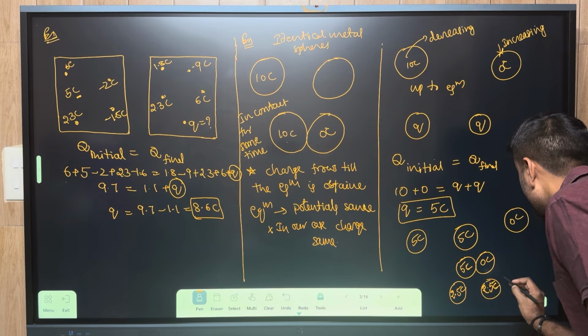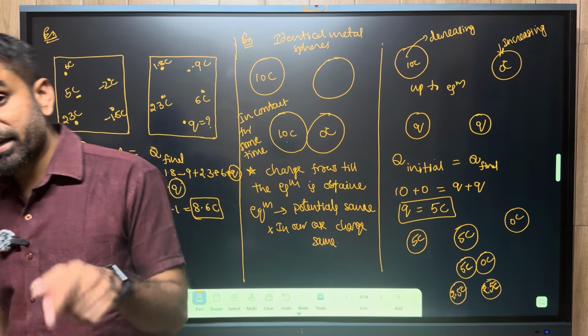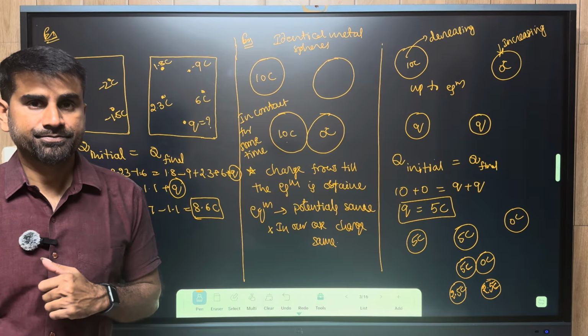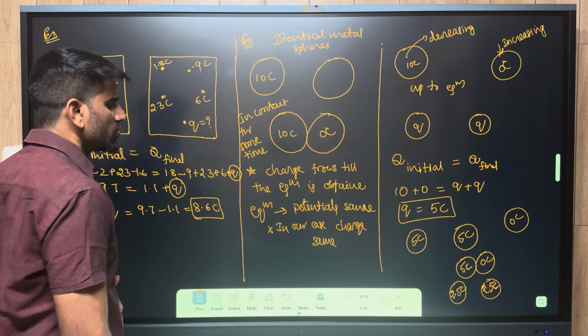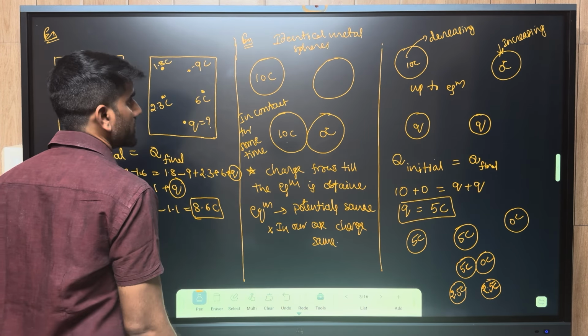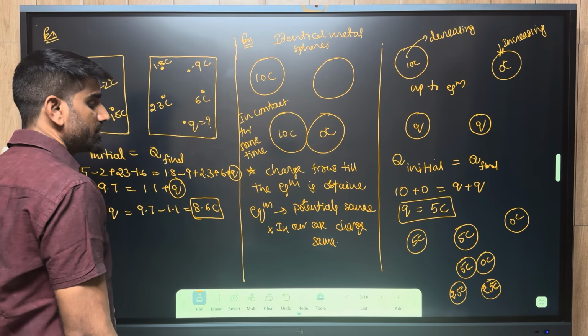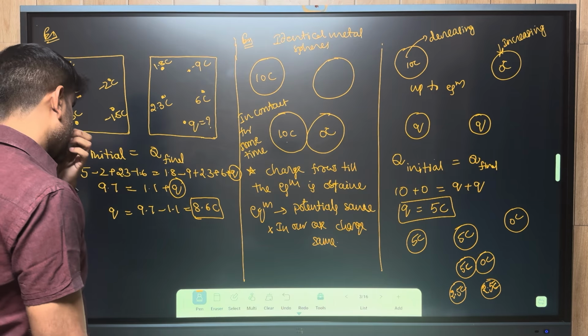So this is how conservation of charge works, which is again another most important property of the charge. Okay, now let's move on to the next property of the charge.